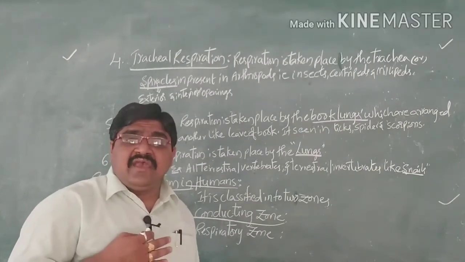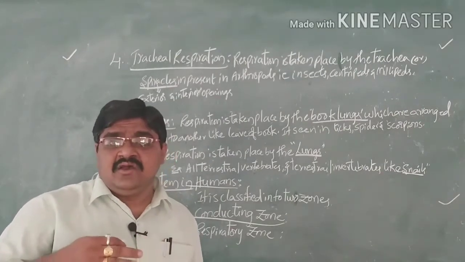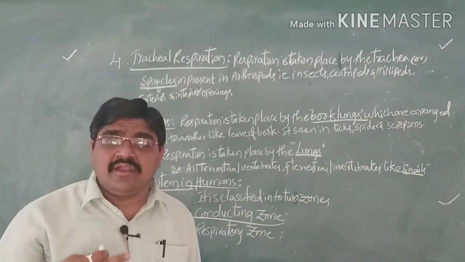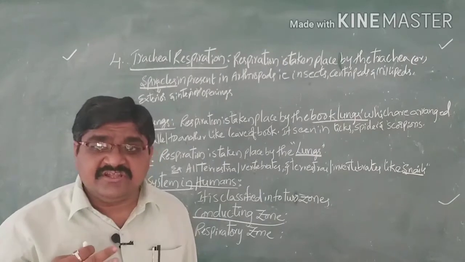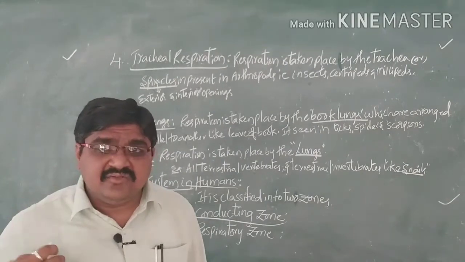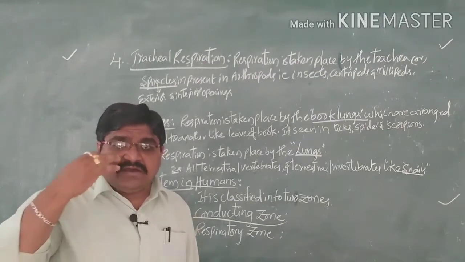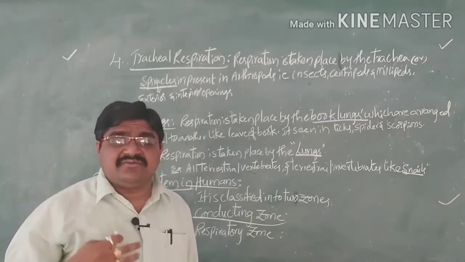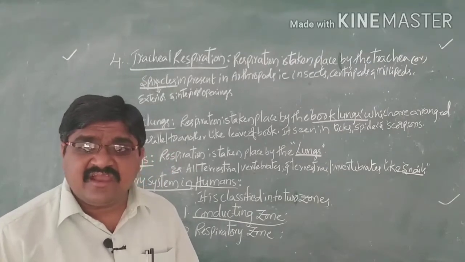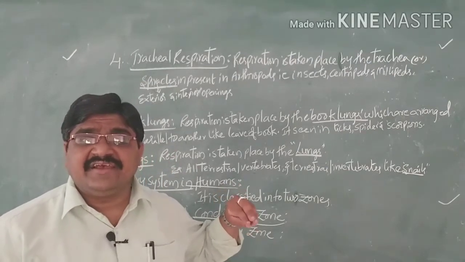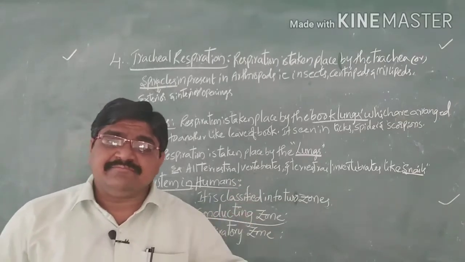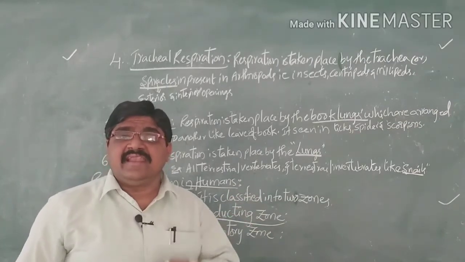The conducting zone is helpful for transporting gases from the nostrils, that is, the outer side of the body. You have a pair of nostrils, the nose. From the nose it passes into the lungs. Conduction means transporting gases into the respiratory zone, that is, into the lungs.